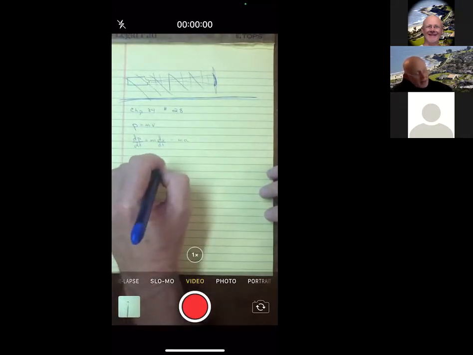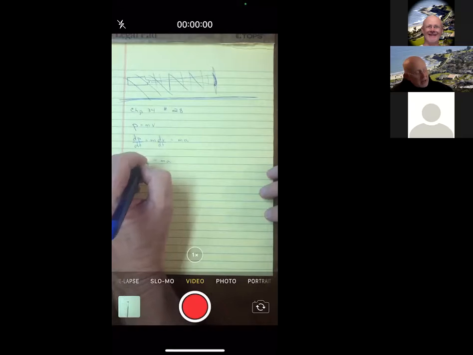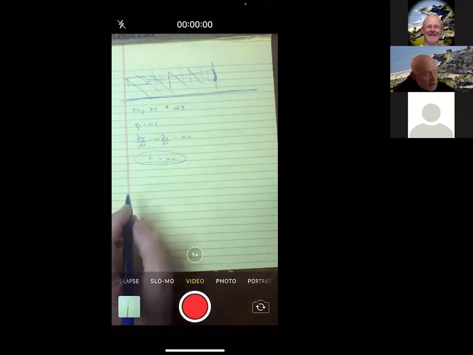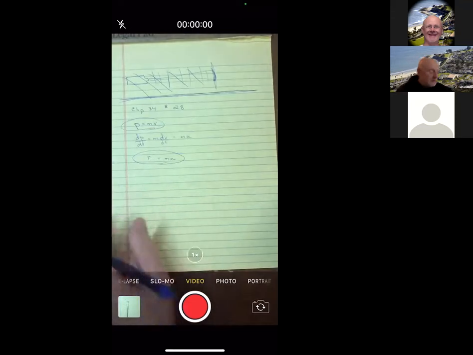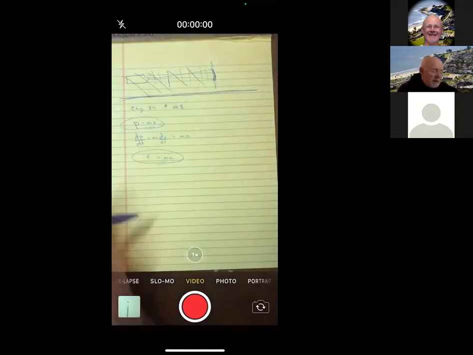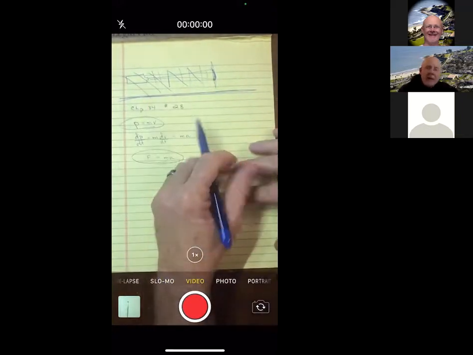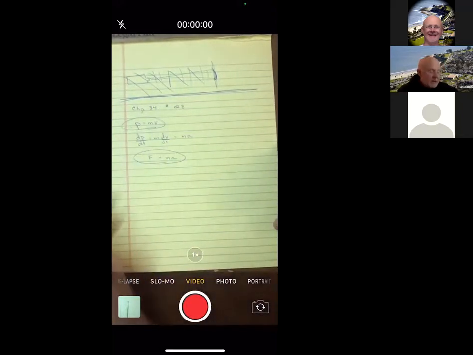And so you had what we called Newton's second law, that says force is mass times acceleration. But these equations are not complete. They're really good when you're working with stuff that has mass, but electromagnetic fields do not.